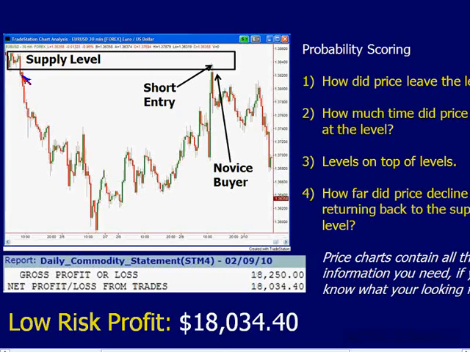Once prices are falling from this level, the sellers that are doing the selling here are doing all the kind of dirty work for us. They are absorbing all the significant demand on the way down, and they're able to do that until they get to this point right here, okay, all right?